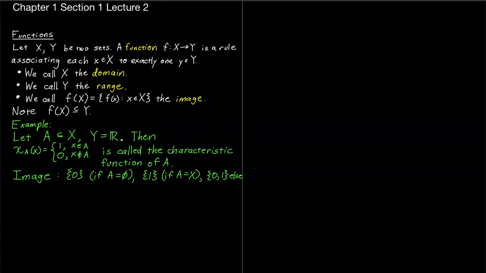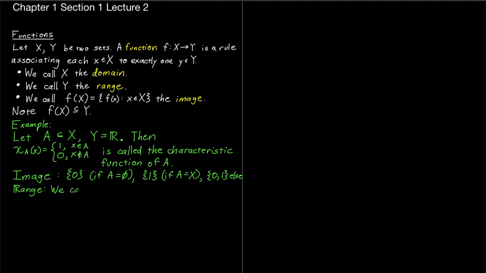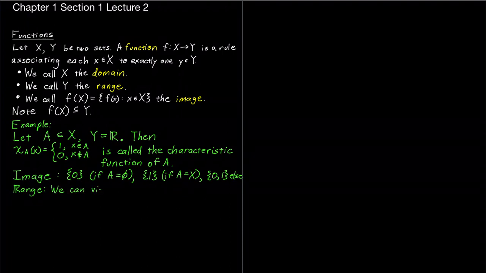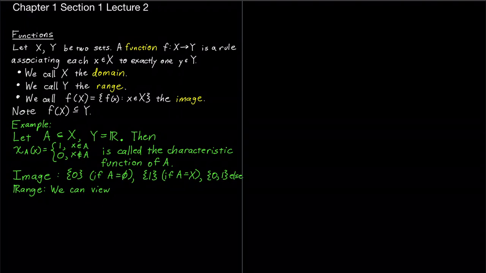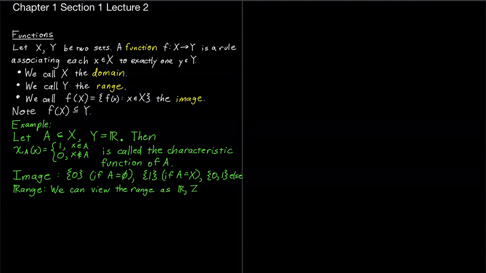And then the range. Notice I was sort of ambiguous about that above. You can think of the range as being the real numbers, the integers, the rational numbers, lots of other things.